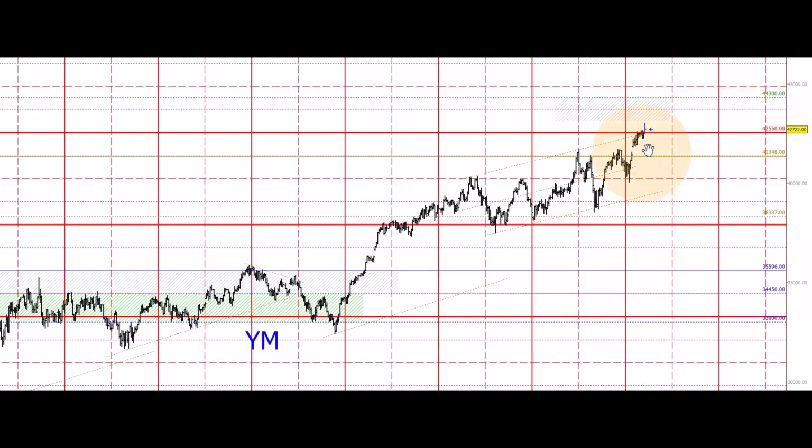And I really want to watch to see how we do with this next week because we want to make sure we're above 42,550. Technically, if the Dow takes out today's low on Monday, then we really have to be alert to a potential turn, because again, we had 216 degrees up and we're stalled here. And you can see how hard it pushed and then one day down and then one up, right?